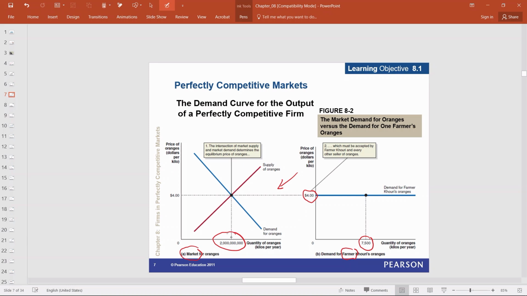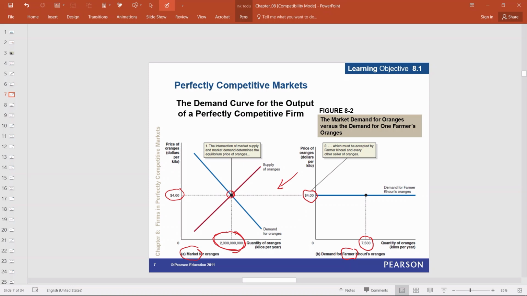So this is the market quantity demanded, but all this market quantity demanded is sold at this price, which is 4, at this equilibrium price and quantity demanded and supplied.